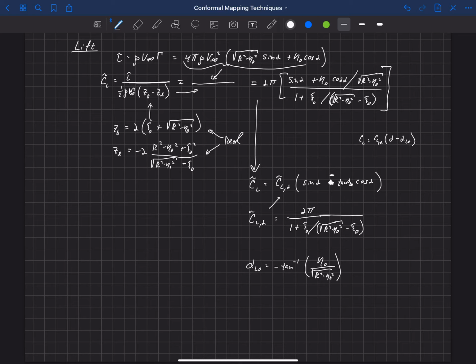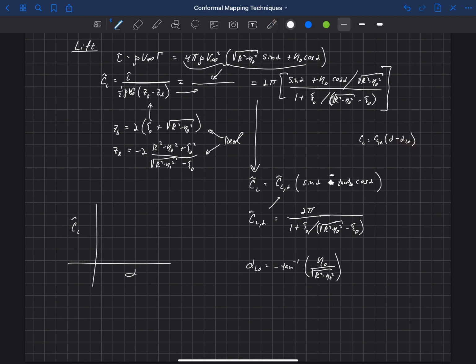If we were to plot the lift as a function of angle of attack, CL is not exactly linear, because we get a sine alpha in here and a cosine alpha over here. From thin airfoil theory, we estimate that the lift is directly proportional to alpha and offset by this alpha L0.